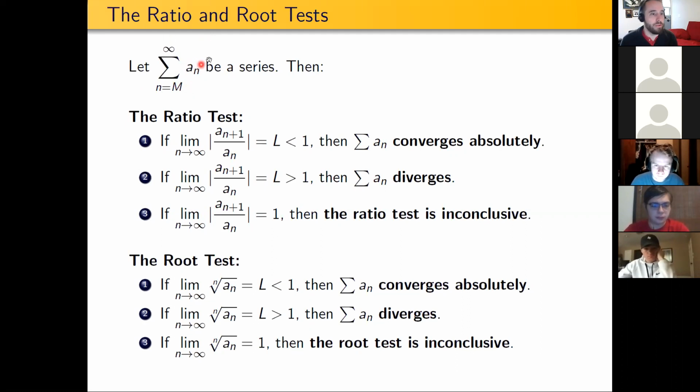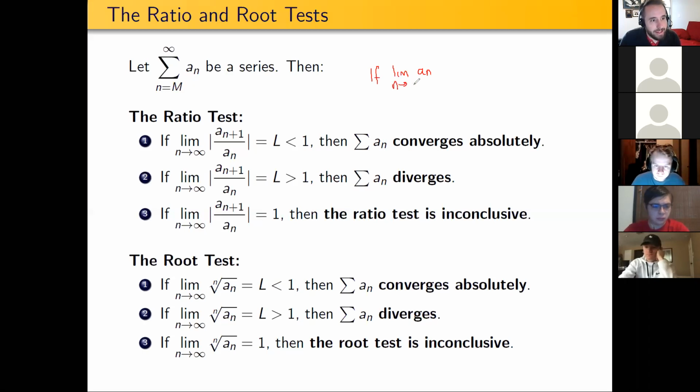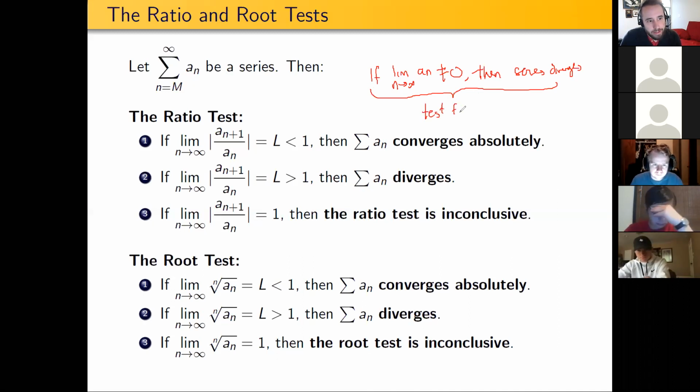So we already knew a basic expression, which was that if the limit of the a sub n's as n goes to infinity did not equal 0, then the series diverges, right? This was our good friend, the test for divergence.